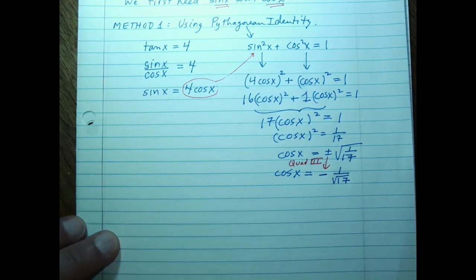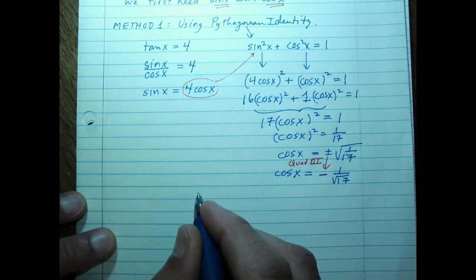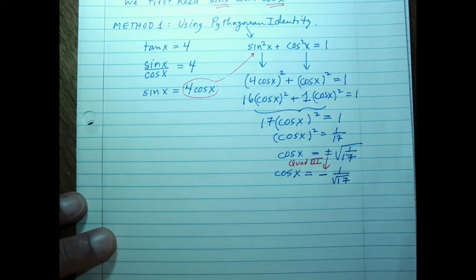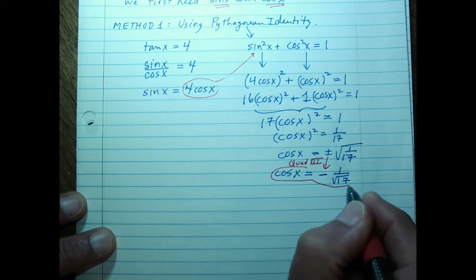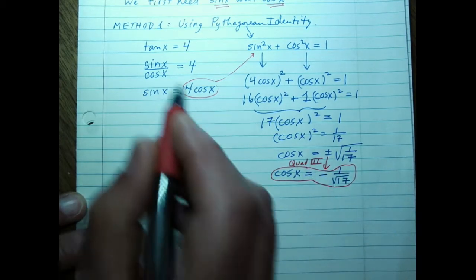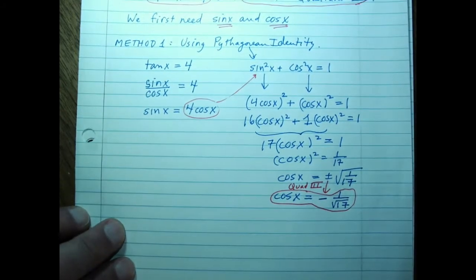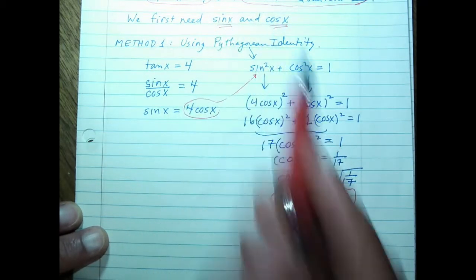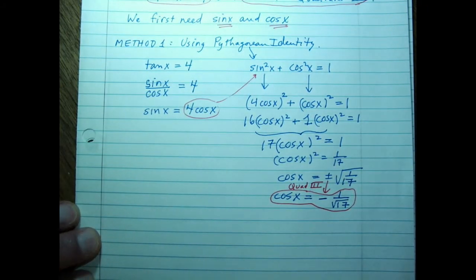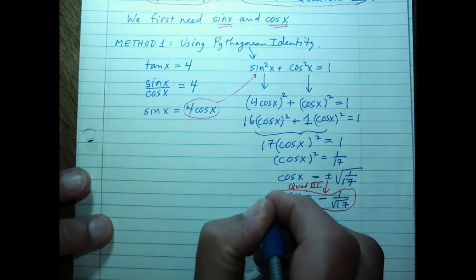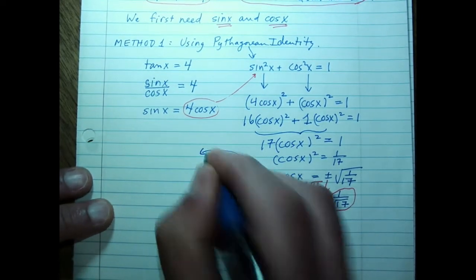And now we also want sine x. We got our value for cosine x. But as I said up at the top, we first need to find sine x and cosine x. So I'm going to try to save a little space here.